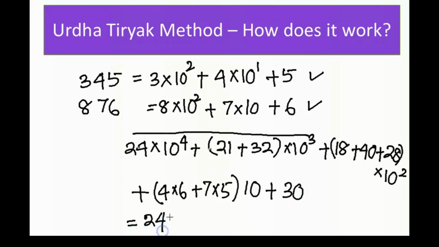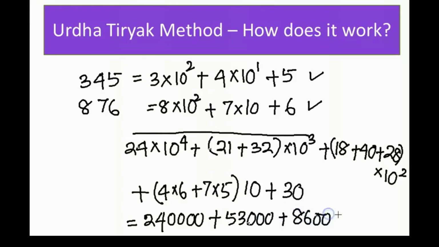That means this is 240,000, this is 53,000, this is 8,600, this term and this term is 59 and 30.